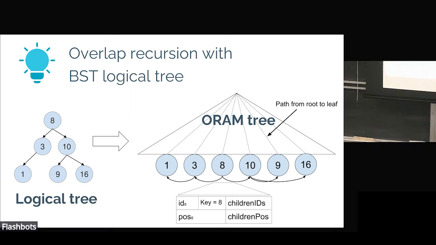Essentially, these pointers denote the recursion data structure. For instance, once I look up the element 8, I immediately know which paths the two children reside on. I immediately know where the two children 3 and 10 are. And then, let's say I want to look up 1, I just have to look up 3 next.